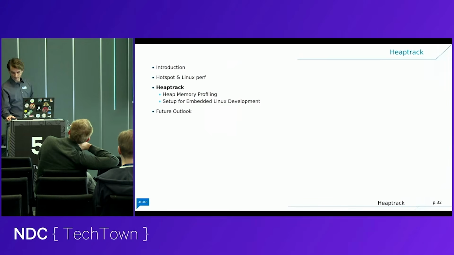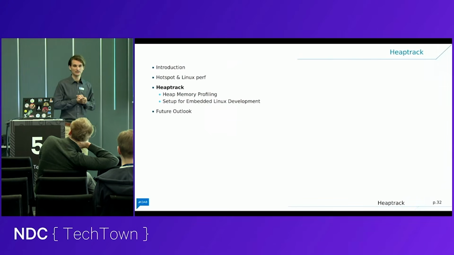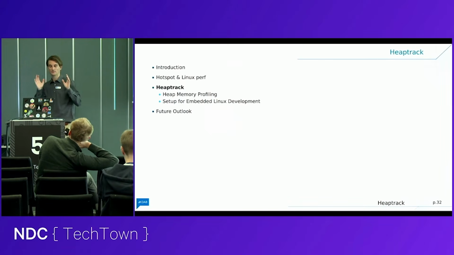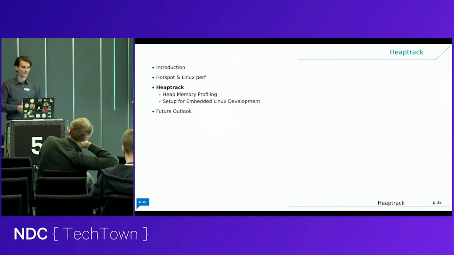Now, this is Hotspot on CPU and off CPU profiling, and that's really the most important tool there is when it comes to profiling and performance optimizations on Linux. There is one metric you cannot easily measure, which is the memory consumption, thus Heaptrack.